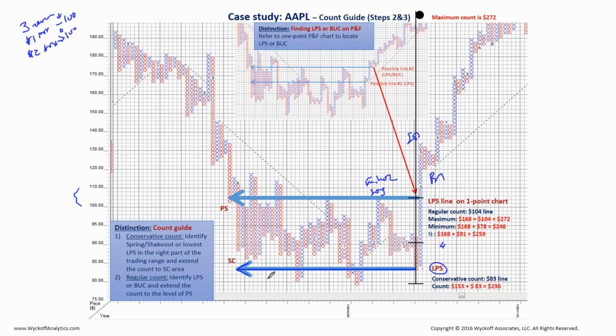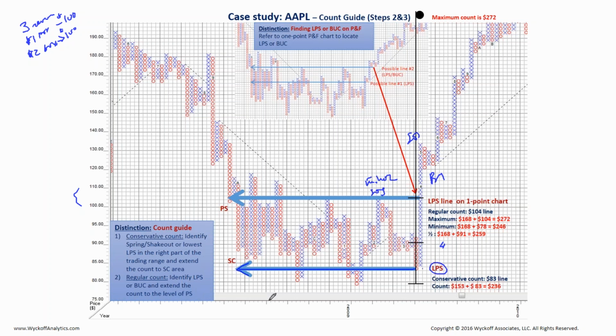This brings up an important point about point and figure charts, excuse me as I lose my voice: they are a function of volatility. The x-axis is a function of volatility, not a function of time.